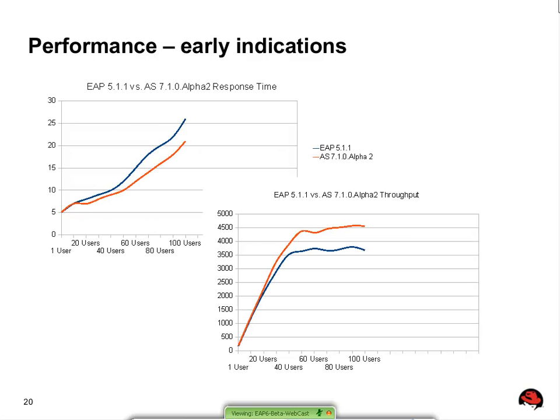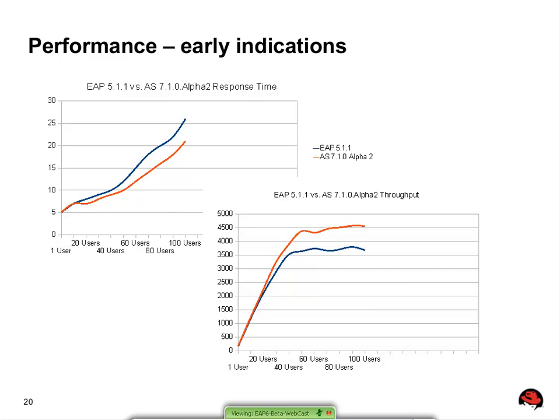It's very early days for performance testing. Now we have a stable feature complete release with the beta, then the performance testing can really start in earnest, and that's ongoing. These charts, don't worry about the detail. They were from last September, so they're pretty ancient already.